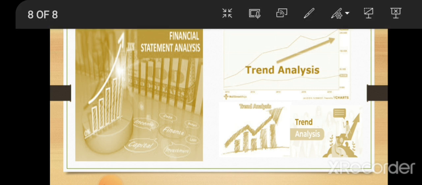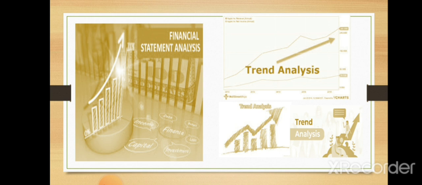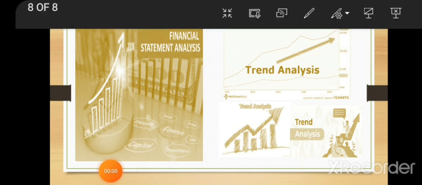So here is an example. Sometimes it becomes necessary to know the trend changes in the financial position of the concern. When a concern needs to know the profitability trend of the organization, the profit and loss account independently may not serve the purpose.